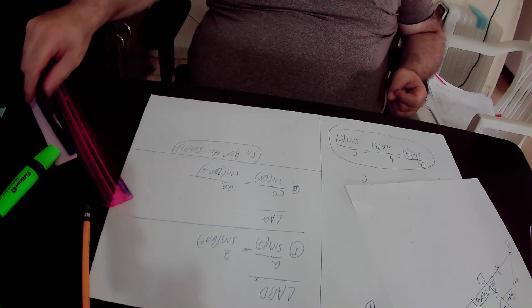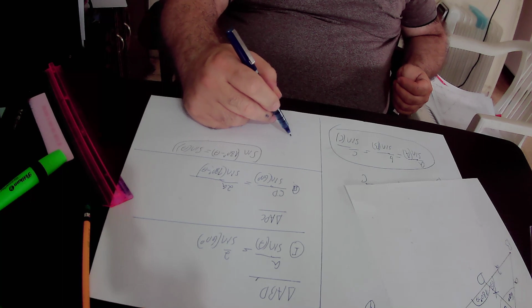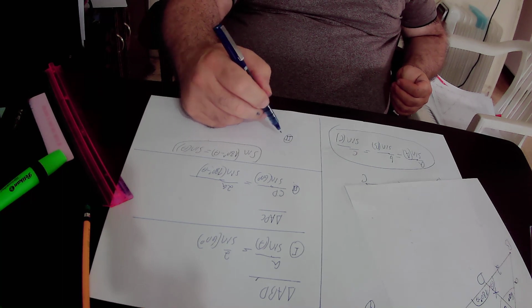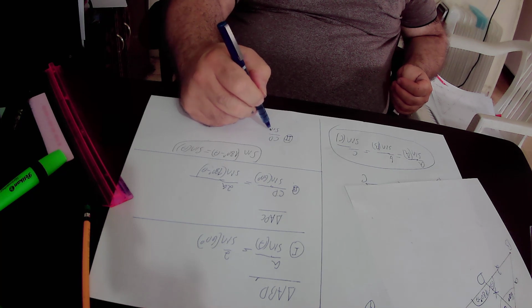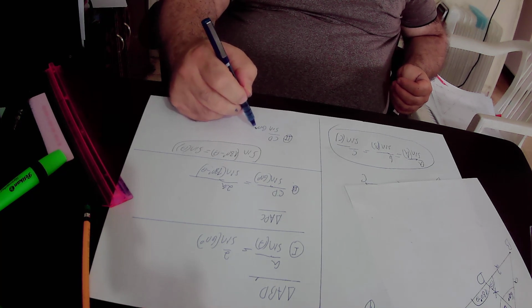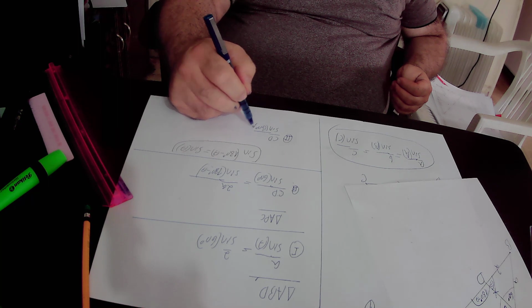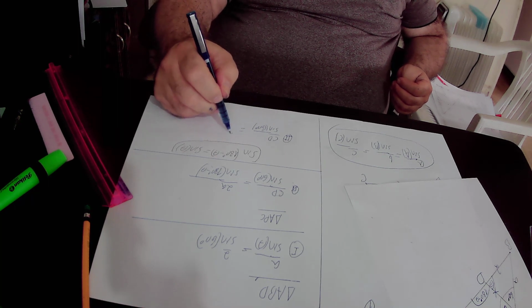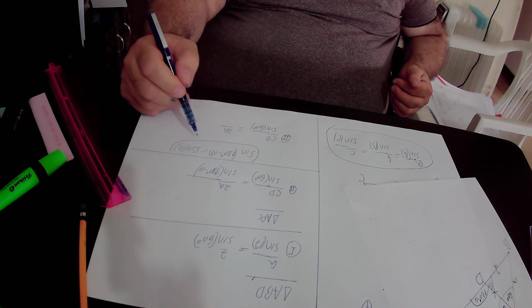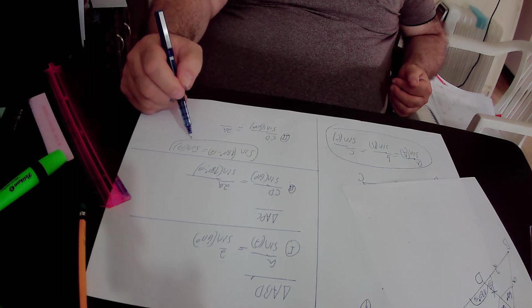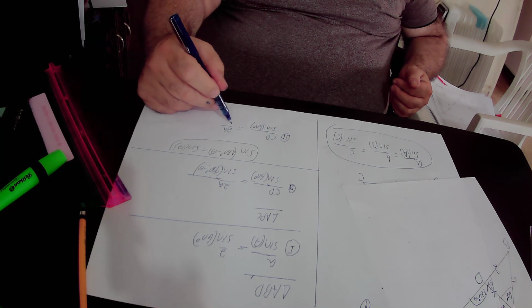We'll do it now and we'll get that according to equation number 2, CD over sine 60 degrees equals 2A over sine theta.